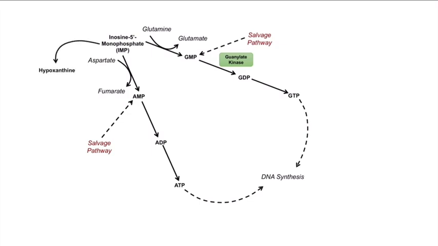Another thing I want to mention is that inosine 5-monophosphate can be metabolized into hypoxanthine. And hypoxanthine, via a couple of steps utilizing the enzyme xanthine oxidase, can be metabolized into uric acid. That is very important in human health, and we'll talk about it in another video.